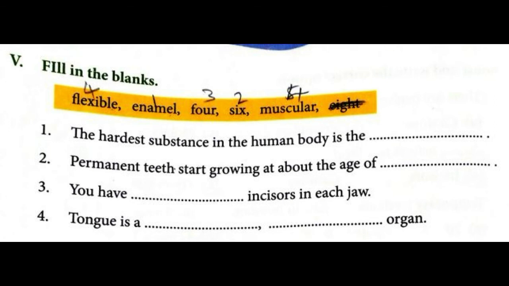The hardest substance in the human body is the enamel. Second one, permanent teeth start growing at about the age of 6. Third one, you have 4 incisors in each jaw. Fourth one, tongue is a muscular, flexible organ.